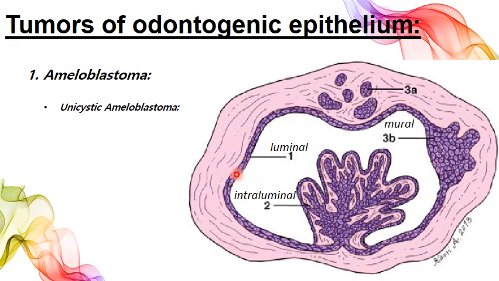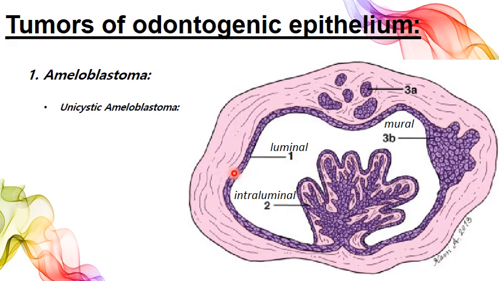So in the luminal, the ameloblastoma is confined only to the lumen of the cyst. The lesion consists of fibrous wall with lining that consists totally or partially of ameloblastic epithelium. So it is confined only to the luminal wall.